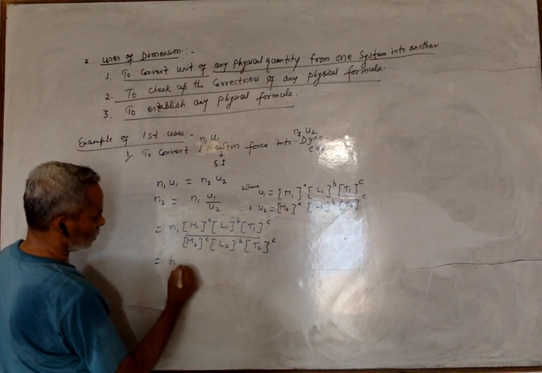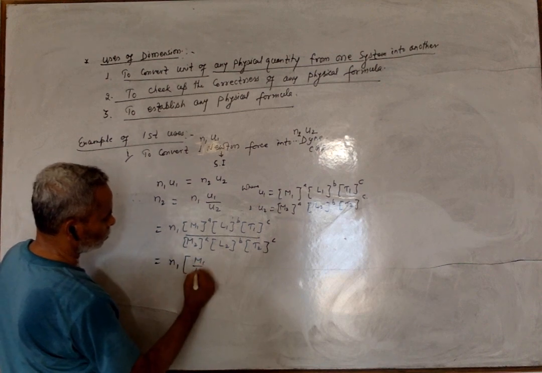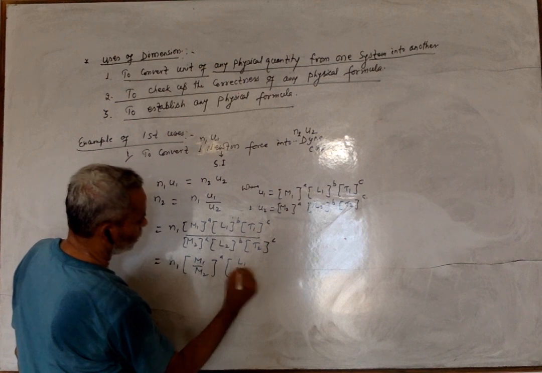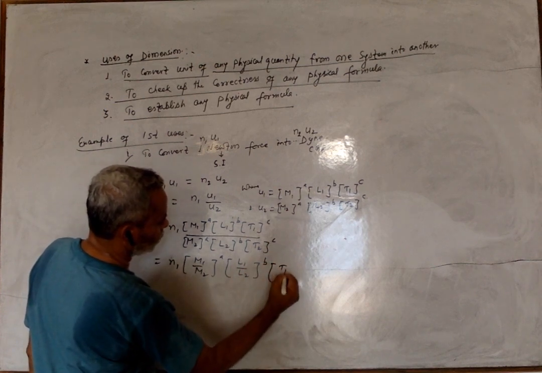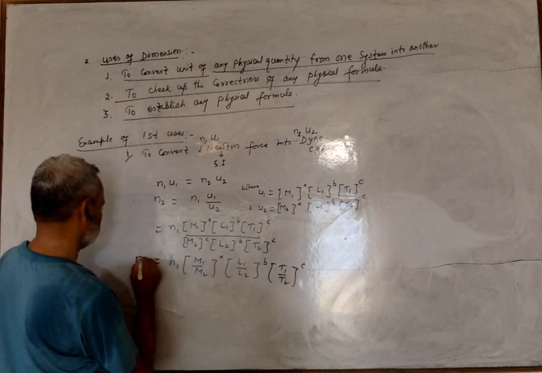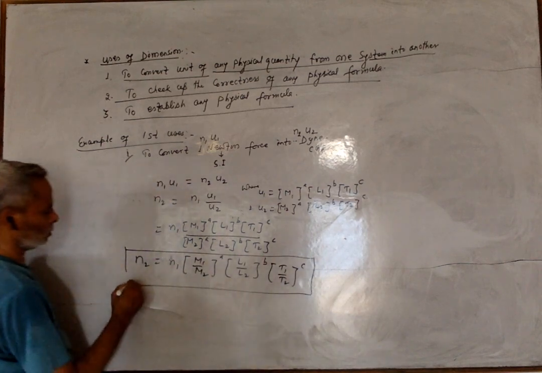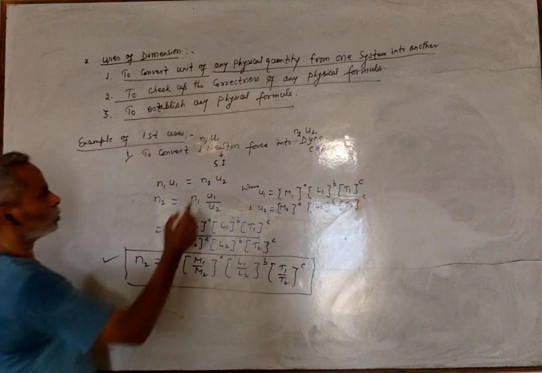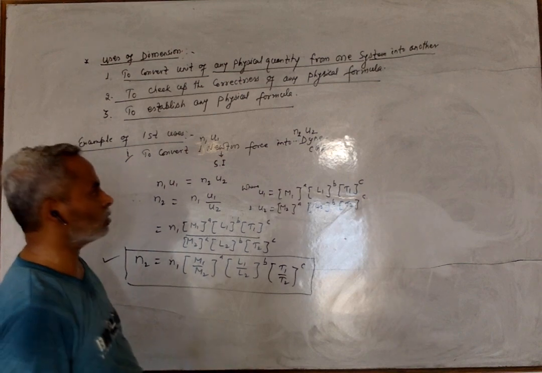Writing these in place of U1 and U2, the relation becomes N2 equal to N1 into M1 by M2 to the power a, L1 by L2 to the power b, T1 by T2 to the power c. This formula is used for converting the unit of any physical quantity from one system to another.